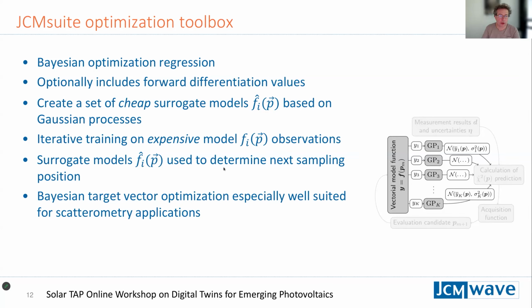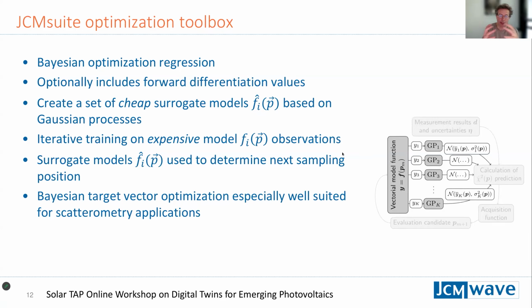It optionally includes also forward differentiation. And yeah, we can create a set of cheap surrogate models based on Gaussian processes, which are then used to determine, for example, next sampling points in an iterative training where an expensive model has to be solved.